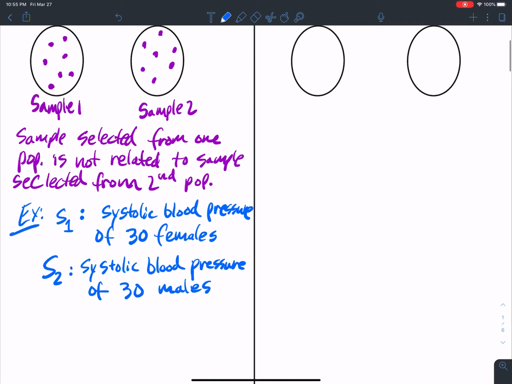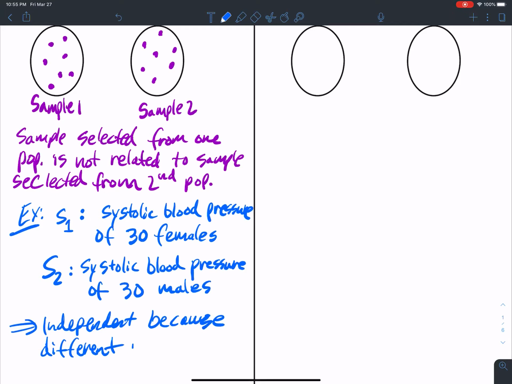They're independent because they're different people that are sampled. So if you're in group 1, you're part of the females.